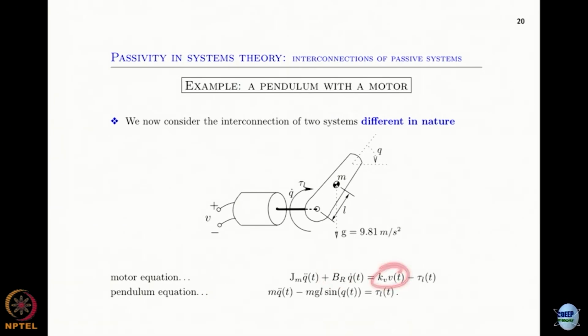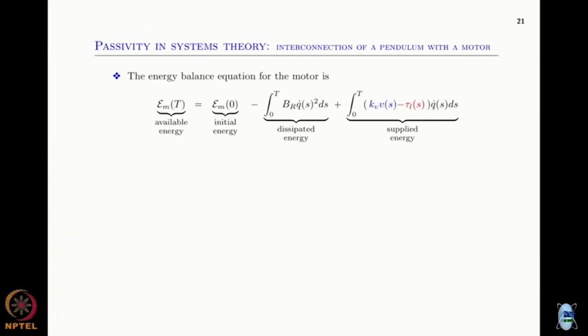And this is the generated magnetic feedback torque, or something like that, from the torque that the motor is generating. And the motor sees the torque tau L as a load, right? Because for the motor the pendulum is a load. So you have this term there and there. So this is how these two systems get to be interconnected.